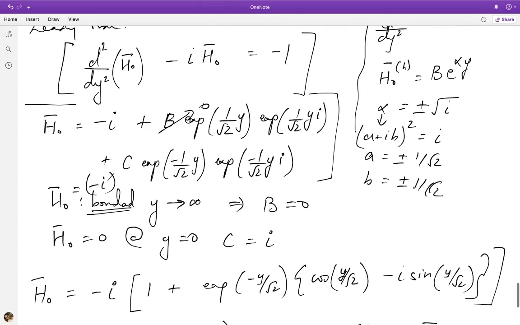So the fact that b was set to 0, both to prevent it from going unbounded, also automatically satisfies the fact that h bar naught is equal to minus i. So it is consistent with the solution we derived before doing the boundary layer analysis for the core. So this boundary condition matches the core solution.